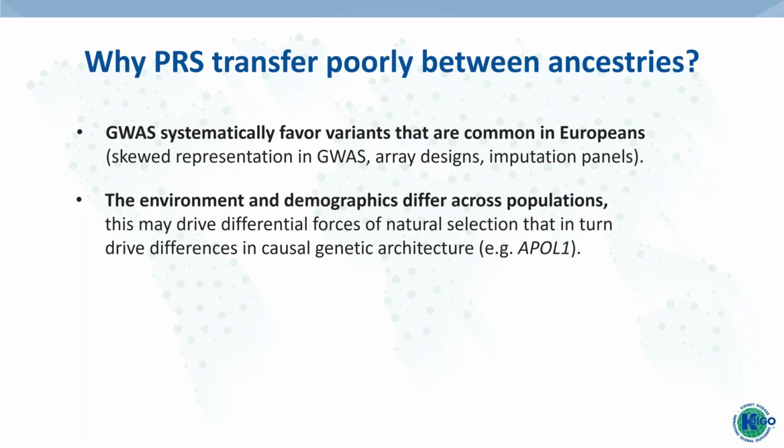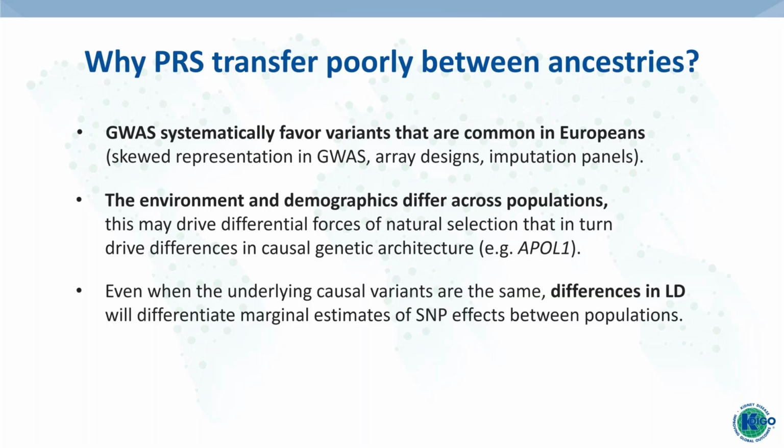So this particular risk genotype would not be detected as a risk locus in GWASs performed in Europeans. It will be completely missed. And then finally, even when the underlying causal variants are the same, the differences in linkage disequilibrium between different populations will differentiate the estimates of SNP effects between populations.